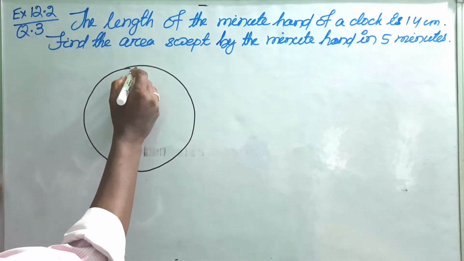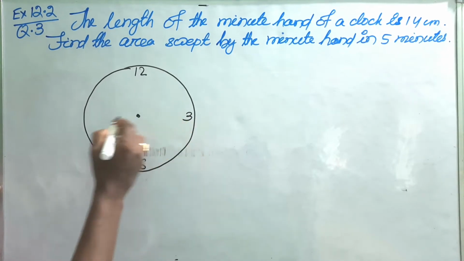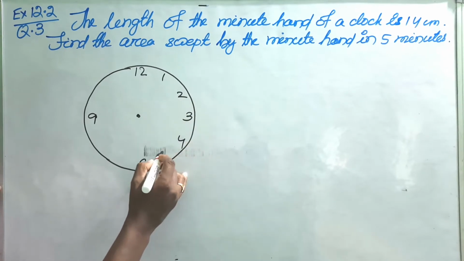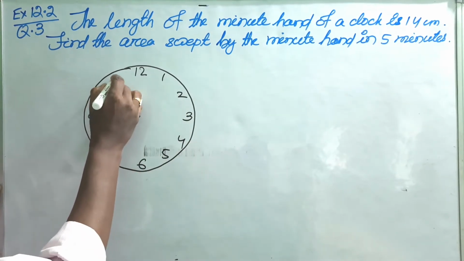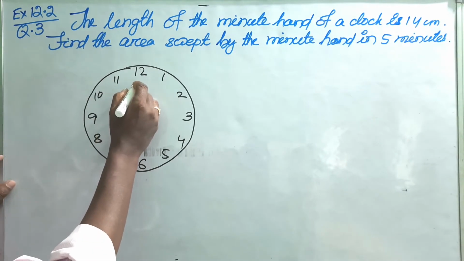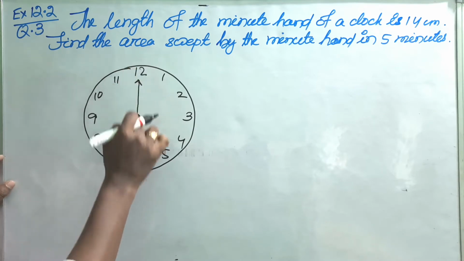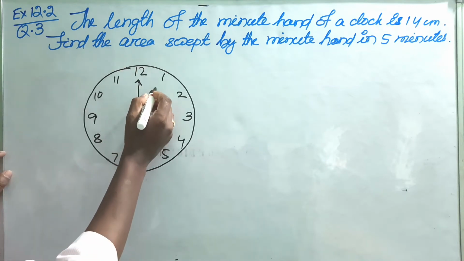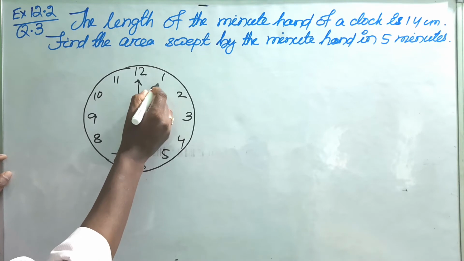Now let me write the numbers like this. Suppose the minute hand is at this position. After 5 minutes, its new position will be here.